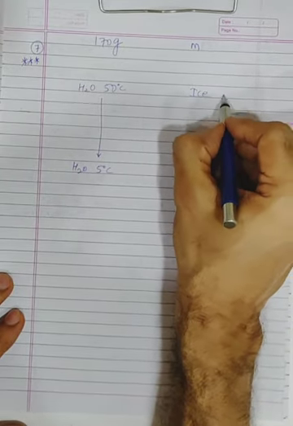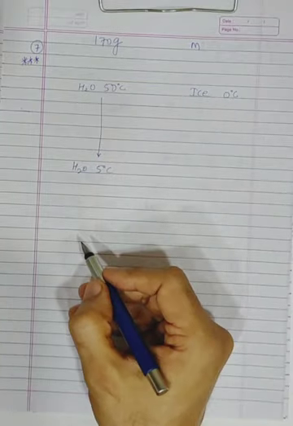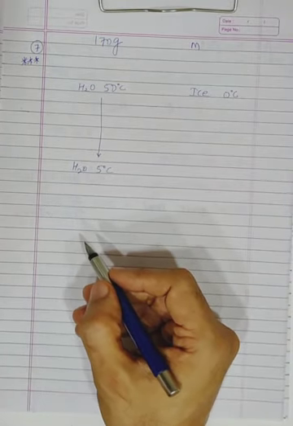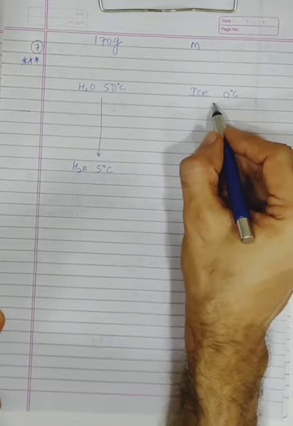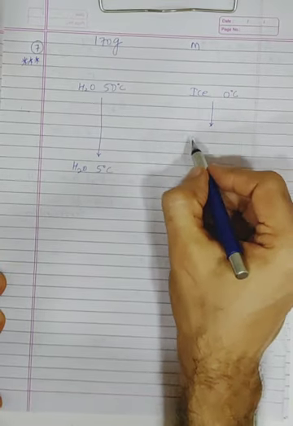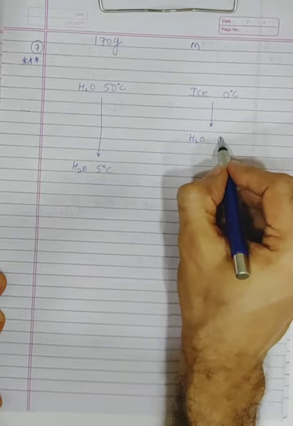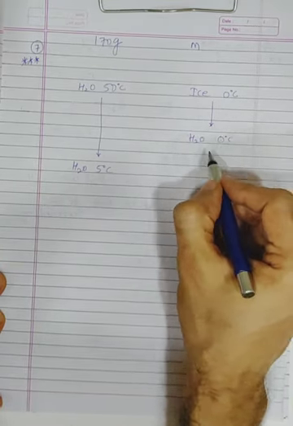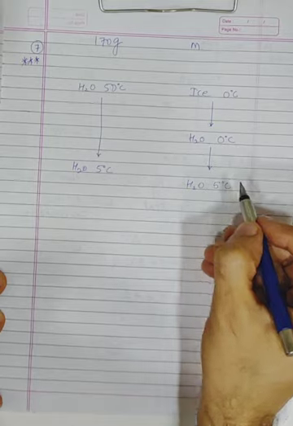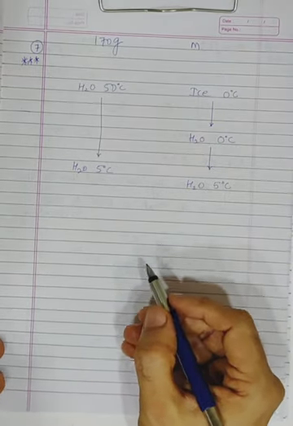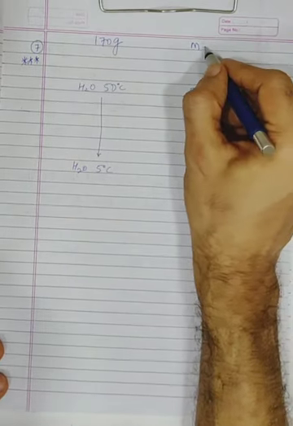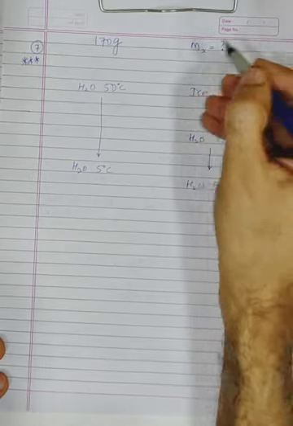The temperature of ice is 0 degree and the final temperature is 5 degree. So basically your ice at 0 degree will first become water at 0 degree, which will then become water at 5 degree. Find the mass of the ice added. How much amount of ice was added?